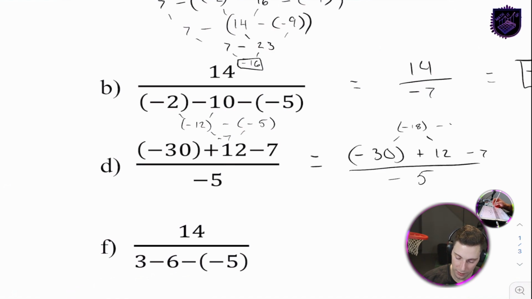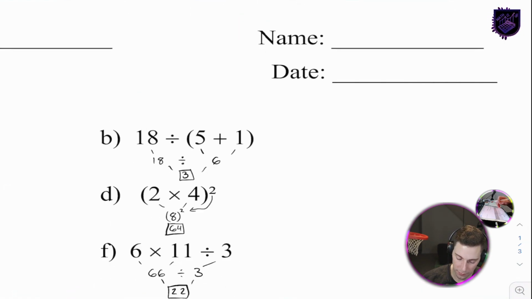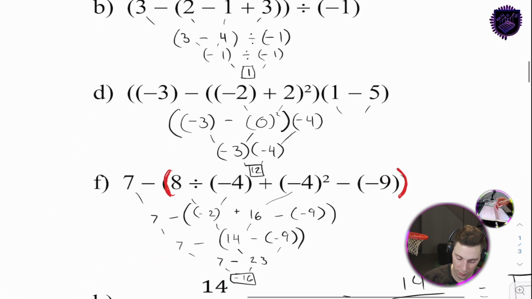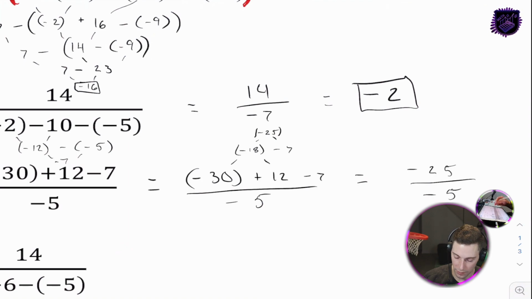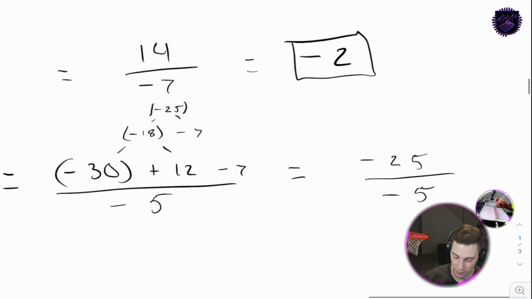Negative 18 minus 7 is going to be negative 25. So this is going to be equal to negative 25 over negative 5, which is equal to 5. Our answer is 5.